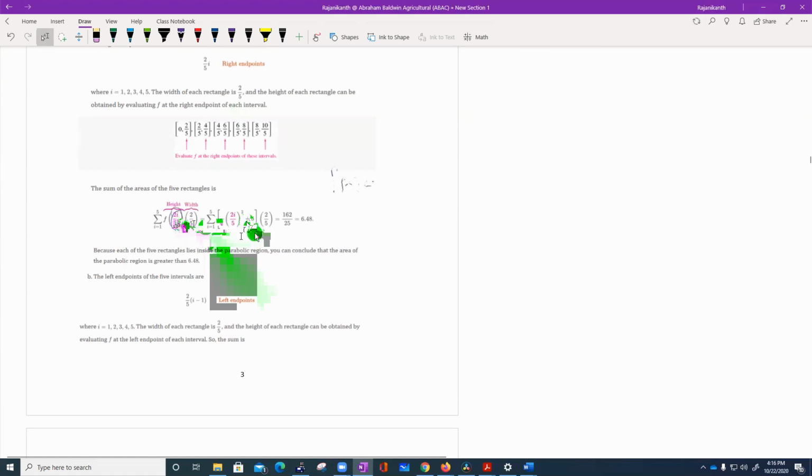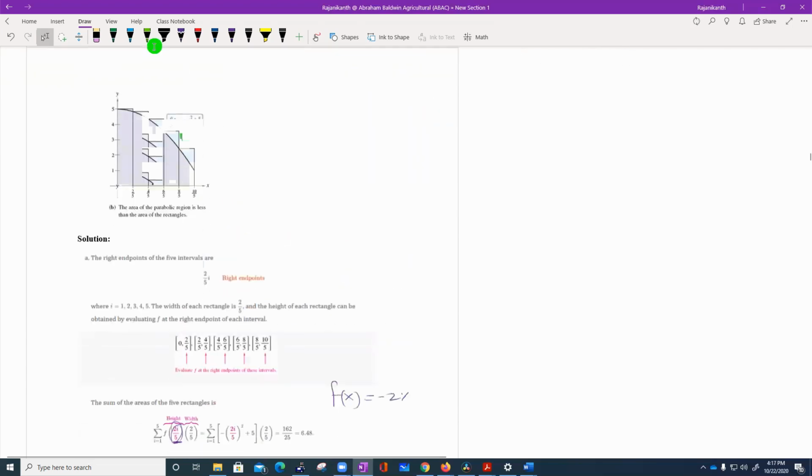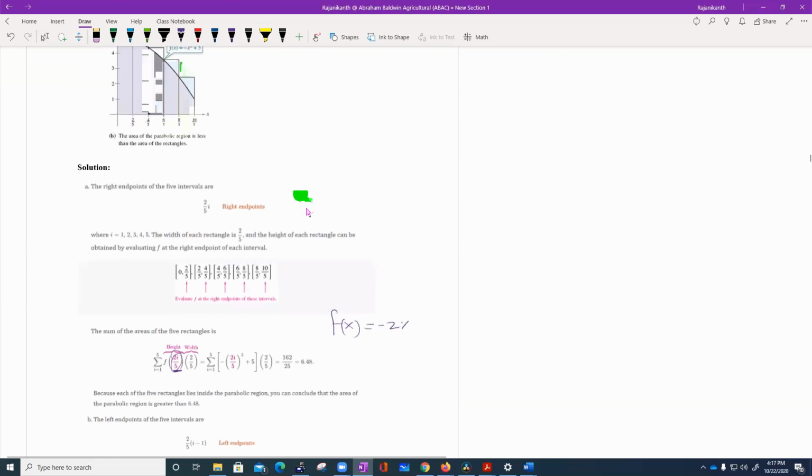Remember, my function was negative x squared plus 5. But I need now f of 2i over 5. So simply plugging in x as 2i over 5. So that means this will be negative 2i over 5, squared, plus 5, right?